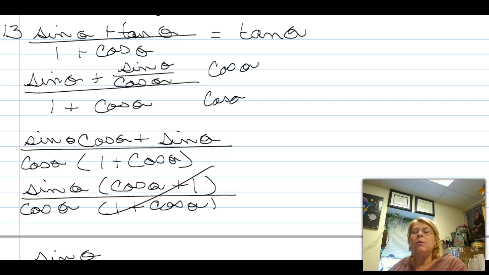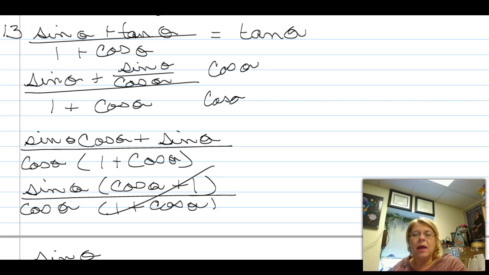I also know that when I'm looking at tangent theta, I need a sine theta over a cosine theta. So if I'm going to multiply by cosine theta, I'm really not going to multiply it into the denominator, but I am the numerator. With the numerator, I get sine theta cosine theta, and then when I multiply it by the sine theta over cosine theta, the cosine thetas cancel, leaving me with just sine theta. So I have sine theta cosine theta plus sine theta over cosine theta times the quantity 1 plus cosine theta.